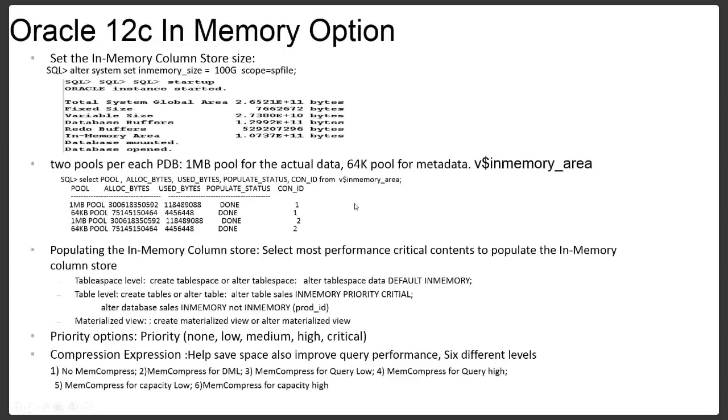12cR2 also allows you to build a column store in Active Data Guard. In 12cR1, you could only build this in-memory store in the primary database. You wouldn't be able to build it on the standby database, but we know it's quite often that we use Active Data Guard to run reports. So this is definitely a great feature that allows us to use the in-memory column store in Active Data Guard to speed up queries on the standby database.